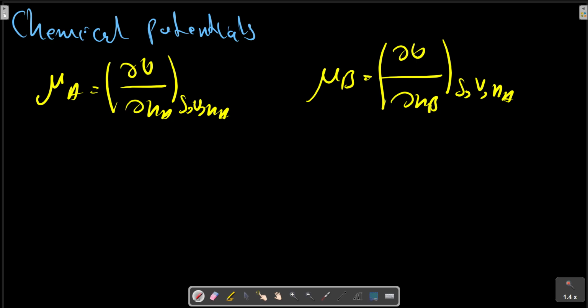We can also relate the chemical potential to the partial molar Gibbs function. We proceed as follows.